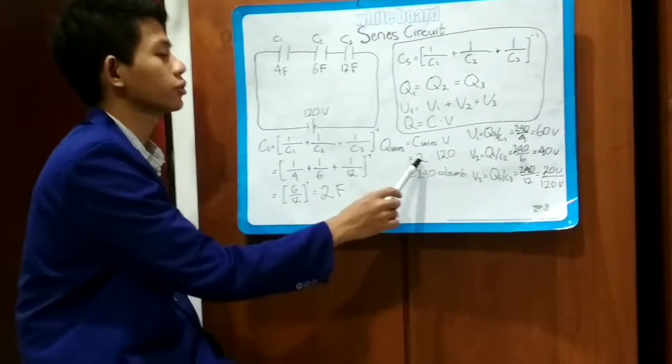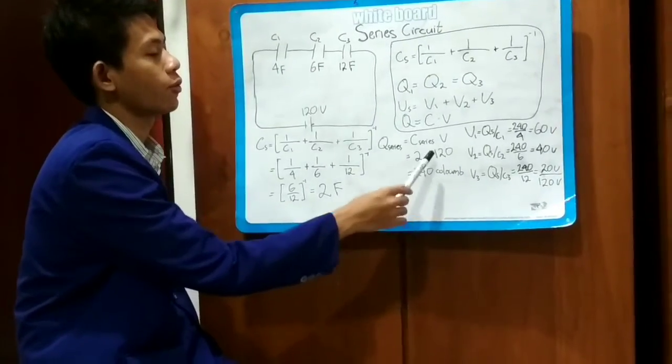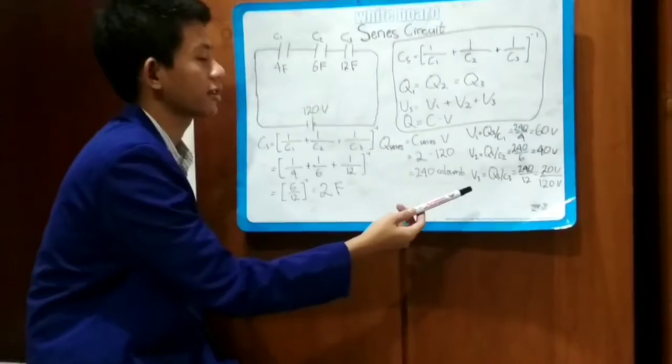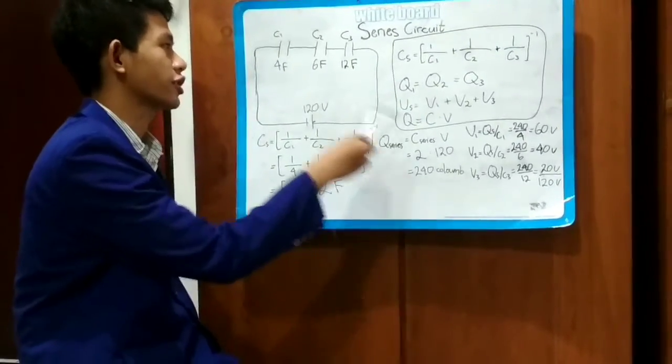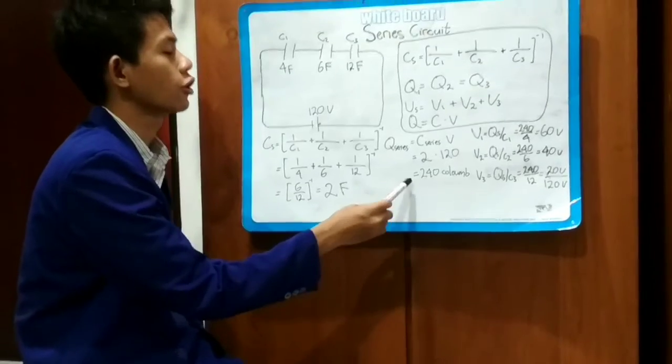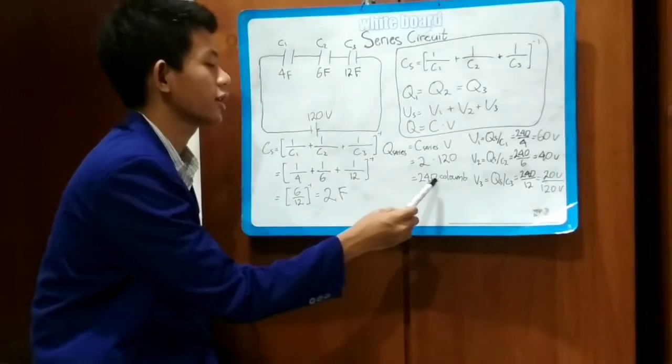So 2 times 120, so we got the charge in series circuits is equal to 240 coulomb.